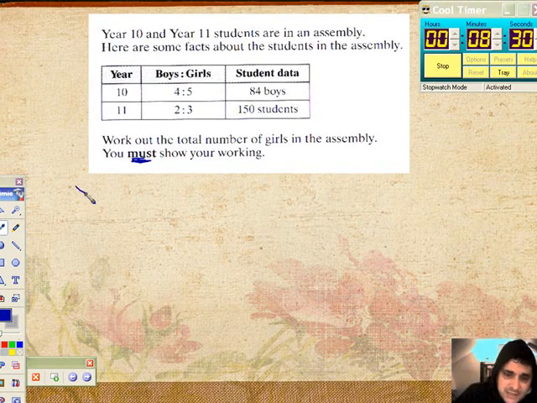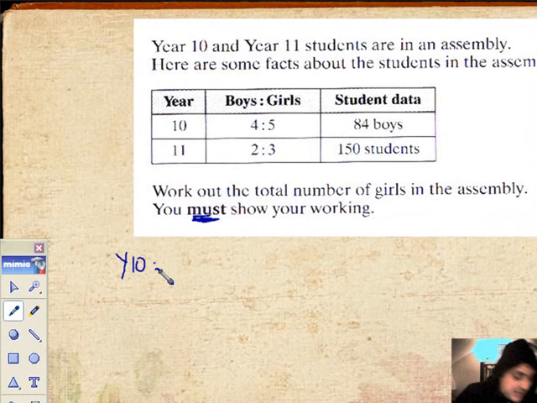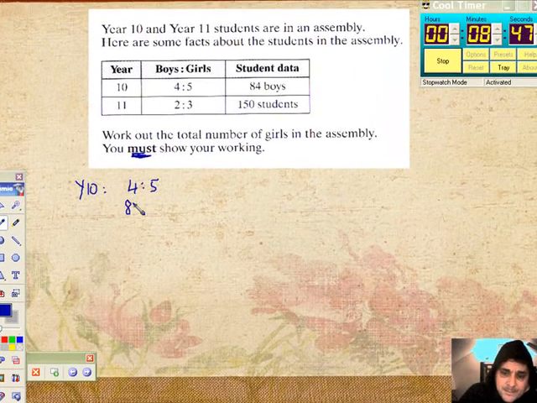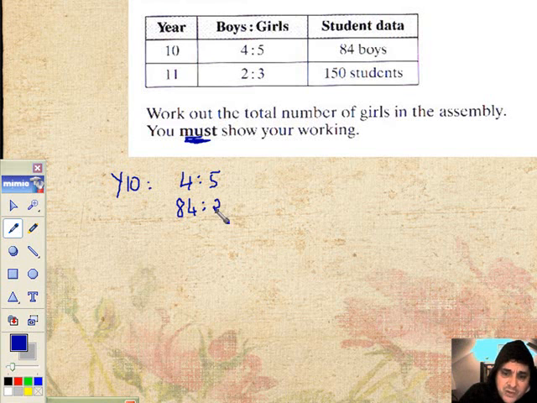Now let's just do the Year 10s first. Again, quite complicated, top grade C. This is a 5-mark question, it would seem. I want to work out the number of girls. Now I've got 84 boys, so the ratio of boys to girls is 4 to 5, and the boys are 84, and using the ratio I can find the number of girls.